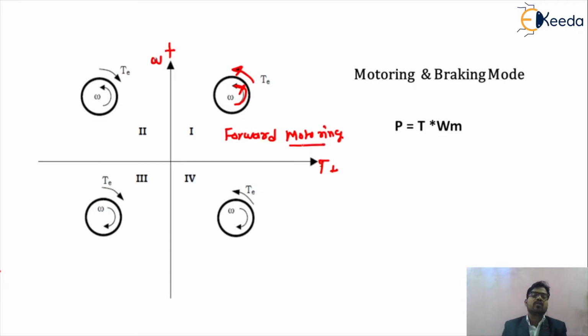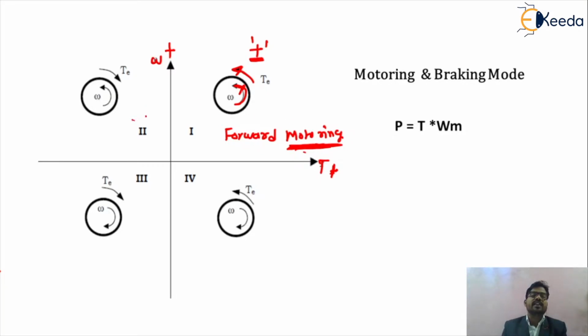The energy given by the supply is converted into mechanical energy. That is why this operation is called motoring, because the product of positive and positive gives positive, and positive means it generates mechanical power. So this is called forward motoring in the first quadrant.